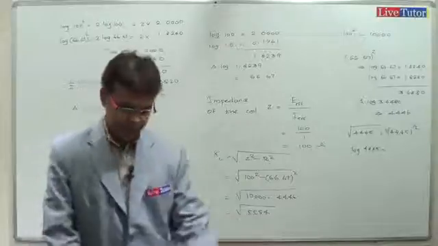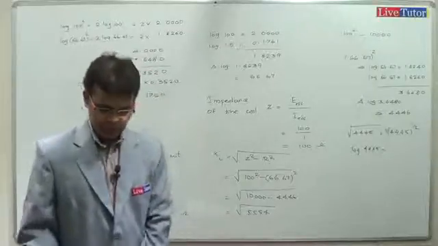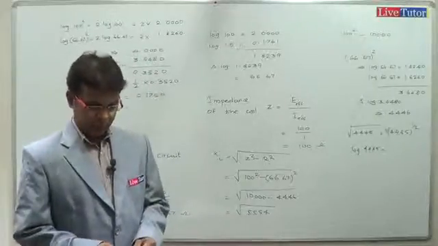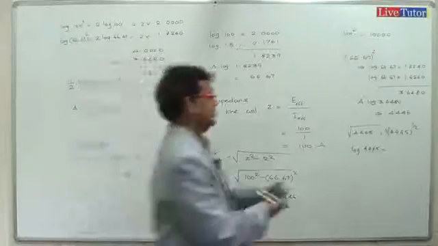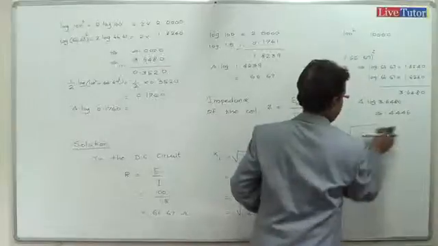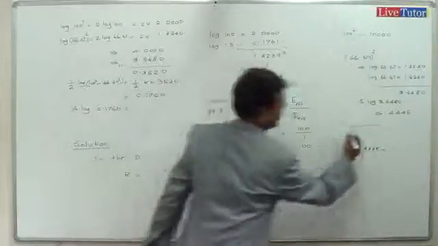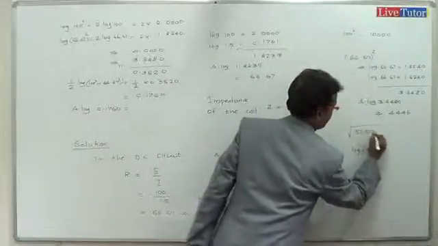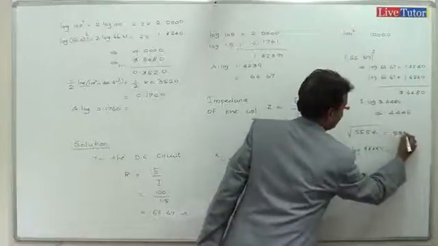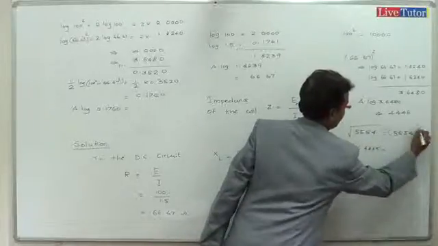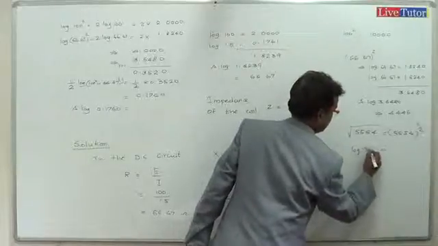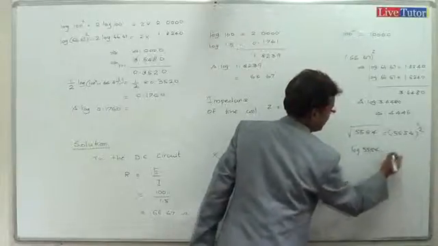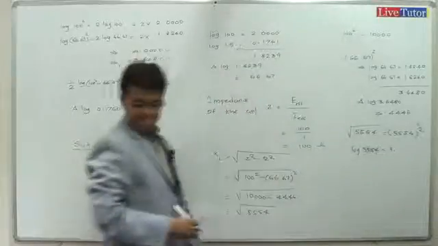Sorry, I made a mistake here. Correct it as 5554. It is 5554 power half. Take log for this. It is 3 point. Quickly.